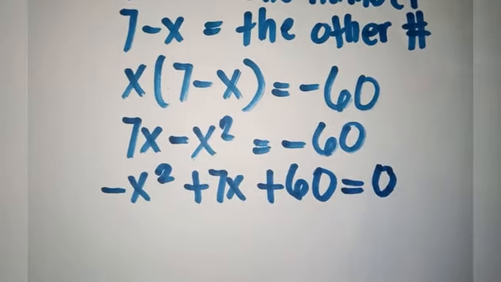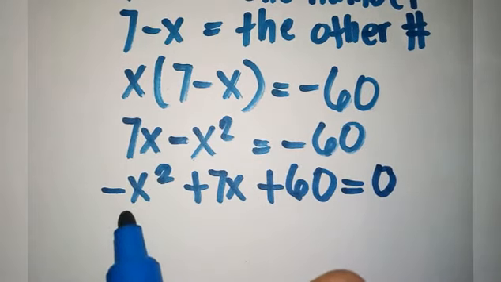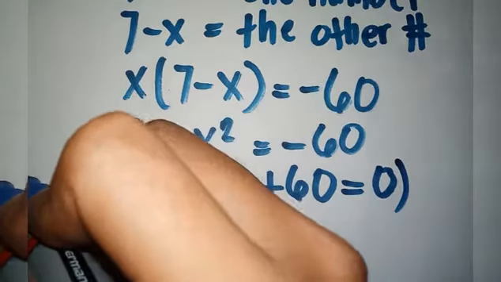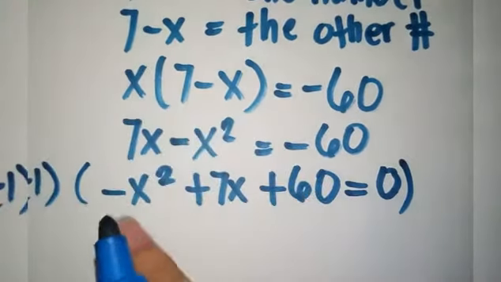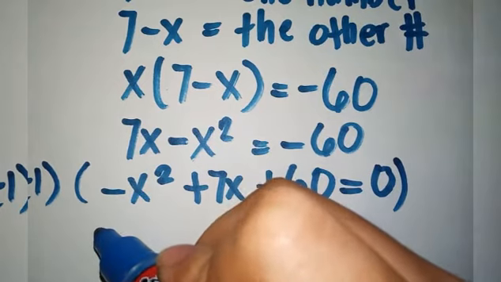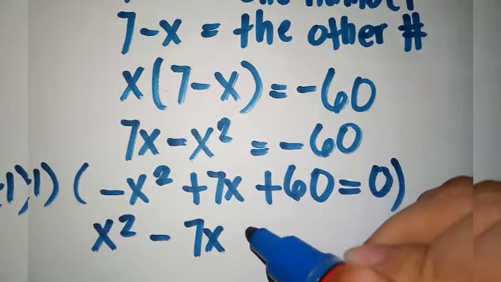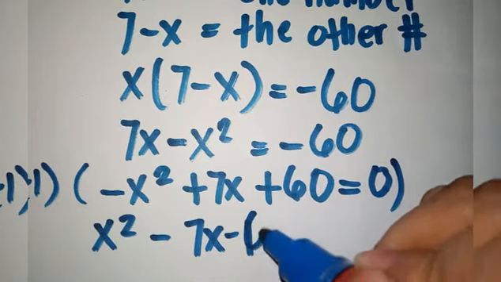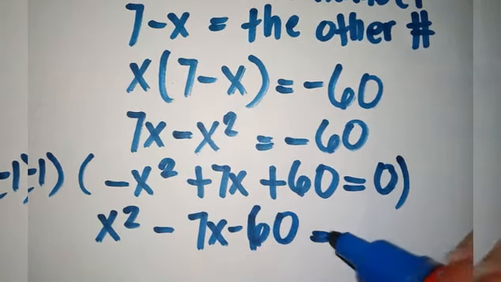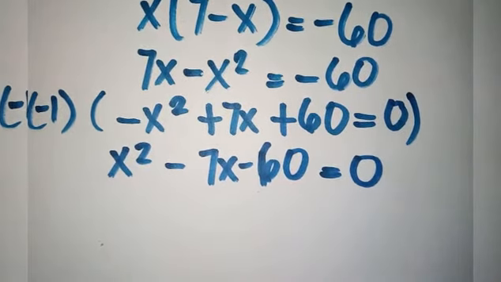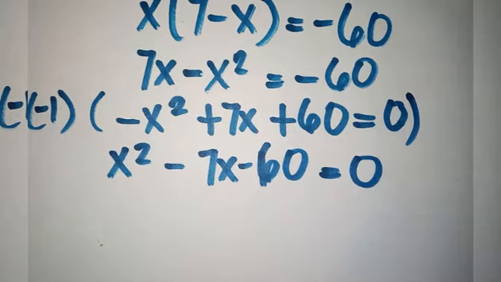So, since hindi pwedeng maging negative yung ating a dito, i-multiply natin sila by negative 1 para maging positive yan. So, we have now the equation x squared minus 7x minus 60 is equal to 0. Okay, so after nyan, i-factor na natin siya. So, ano yung factor nito?